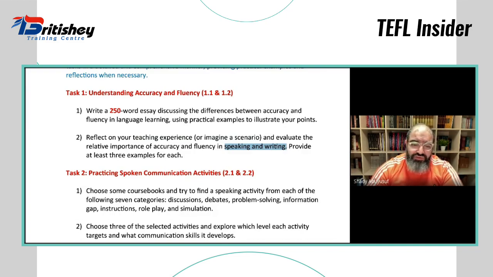Provide at least 3 examples for each. So what we want here is a situation from your experience or your imagination. In this situation, you're going to evaluate the relative importance of accuracy and fluency in speaking and writing.